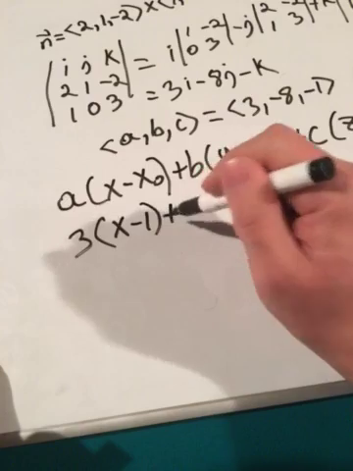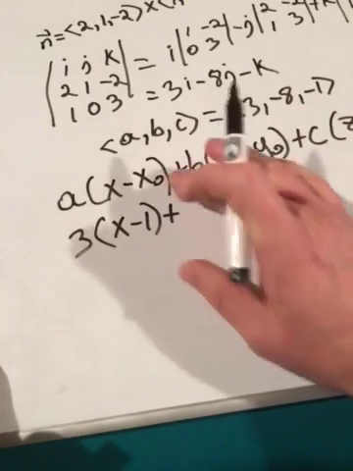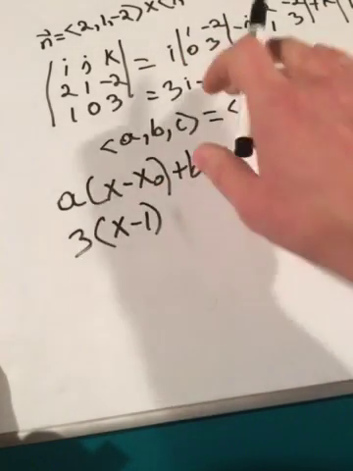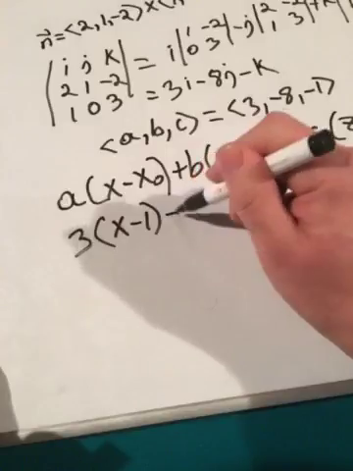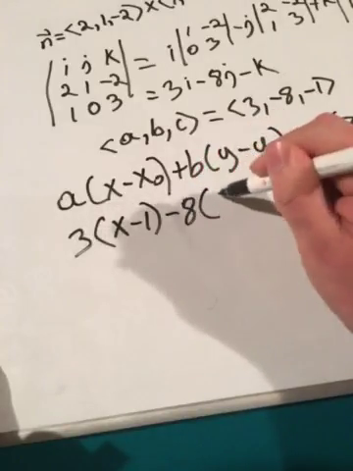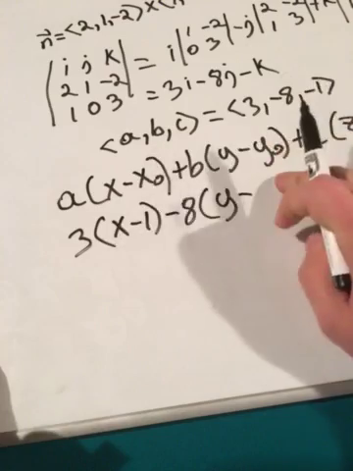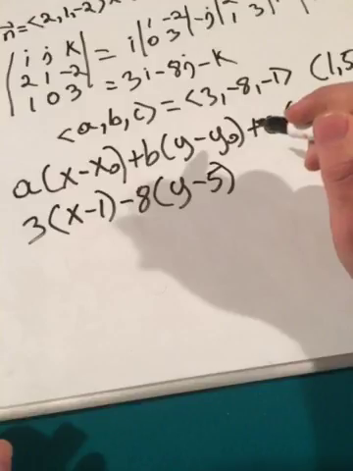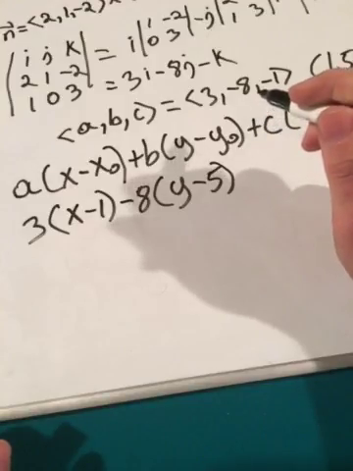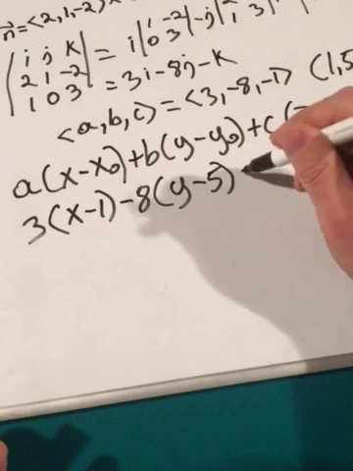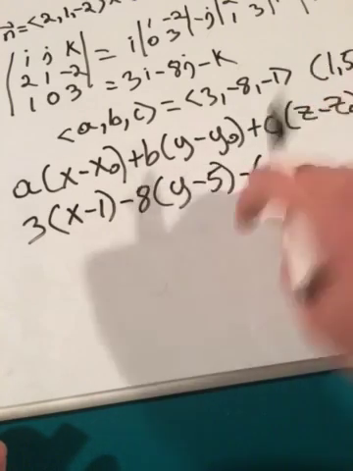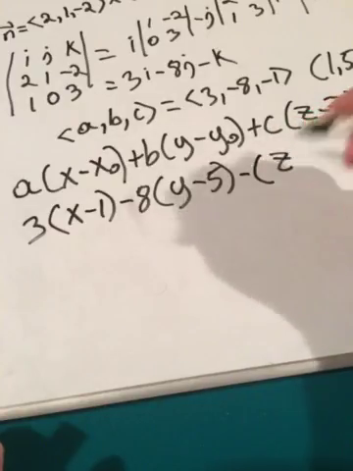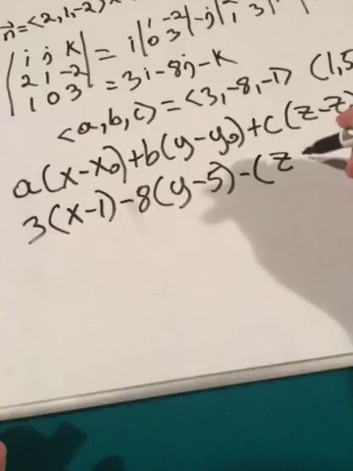And then plus b, but b is negative 8, so it's plus negative 8 times y minus y naught, and our y was 5. And then plus c, well, c is negative 1, so it's minus 1 times z minus z naught, and z was 1, so z minus 1.